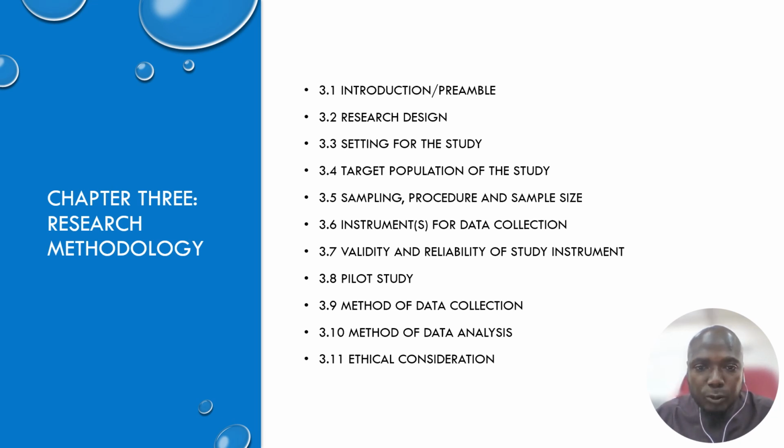Then the procedure you use in taking your sample, you tell us how you do your sampling technique. For example, in Yola, the population is 300. Okay, 302 respondents were selected using simple random sampling. Is it simple random sampling, proportionate sampling, whatever sampling you use?